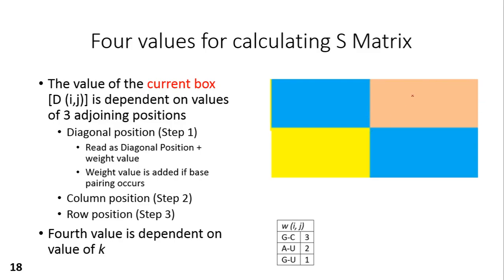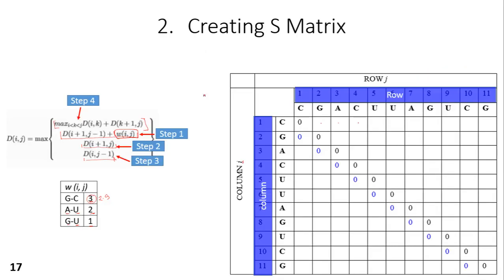Let us call this box the current box, and this current box is denoted by Dij. Why? Because we have rows and columns. So the value that needs to be populated in this current box, represented by this Dij, is what we are talking about.